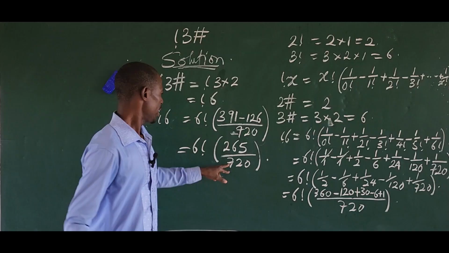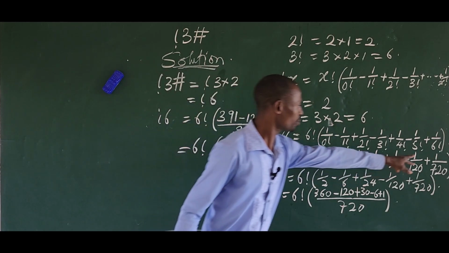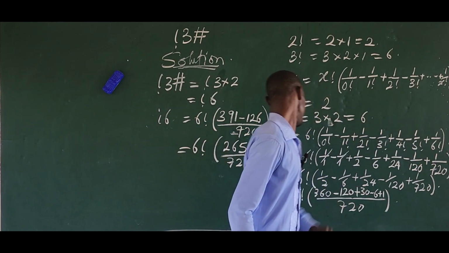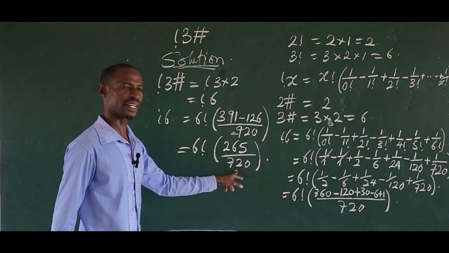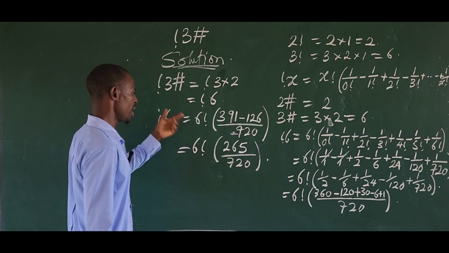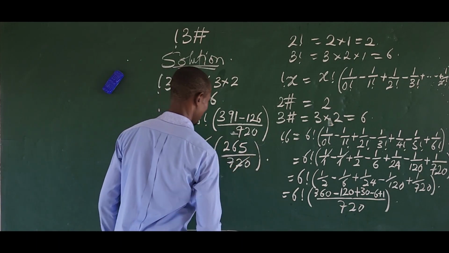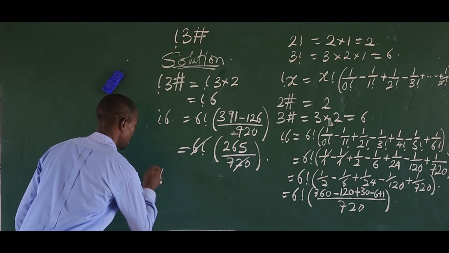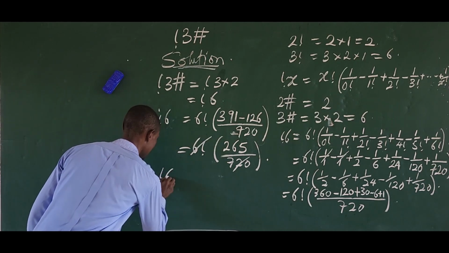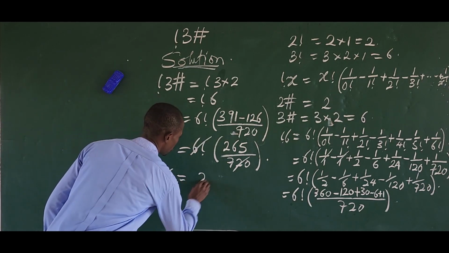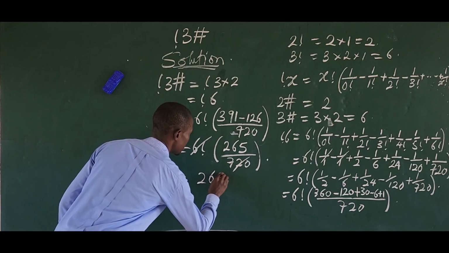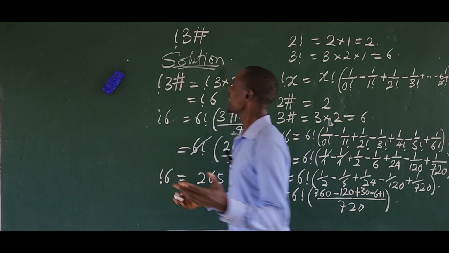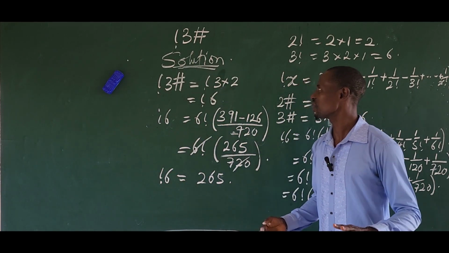Now remember, this figure we have here is gotten from our 6 factorial, right? So if this is equivalent to 6 factorial and we are having 6 factorial here, what happens? This will go with this. So we are now left with the subfactorial of 6 being equal to 265.